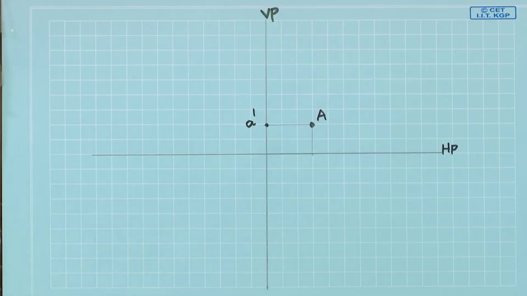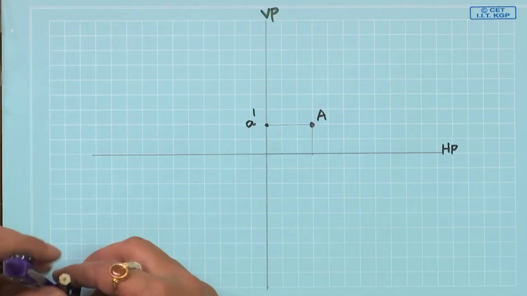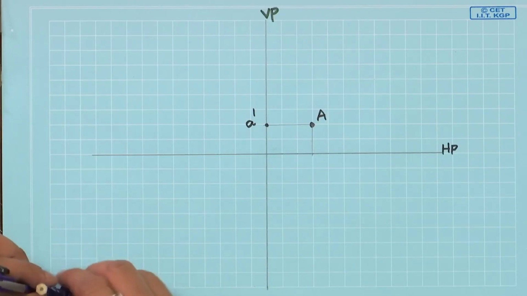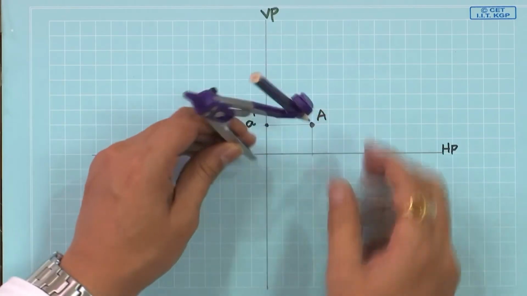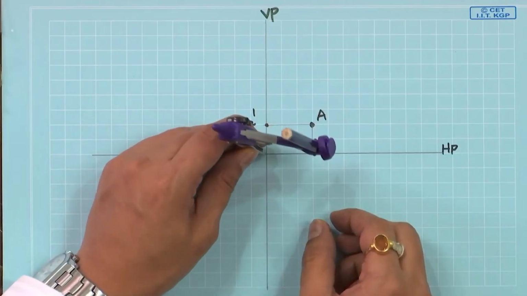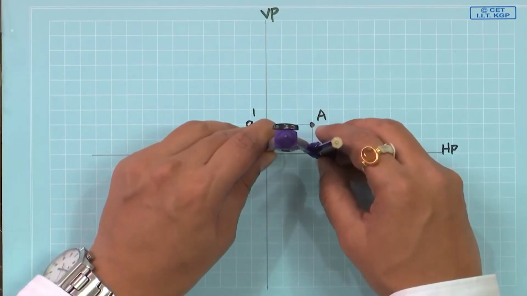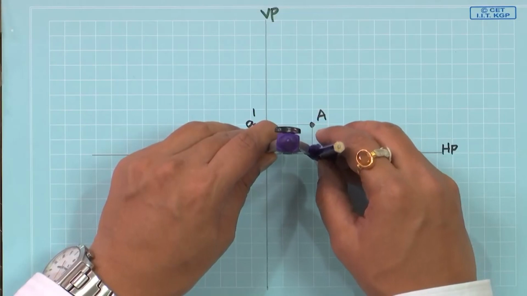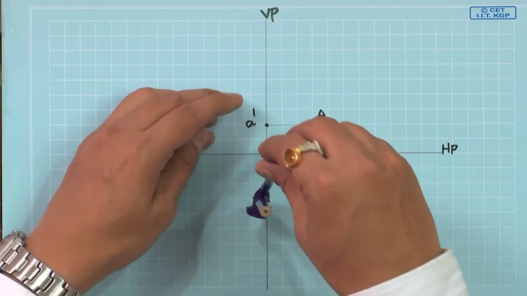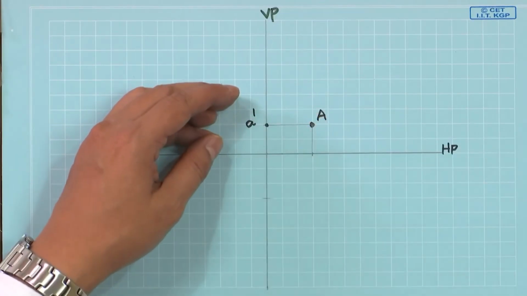Now, use our compass to transfer this length. So, transfer this projected one from here to there.